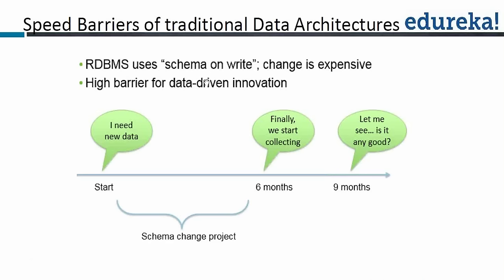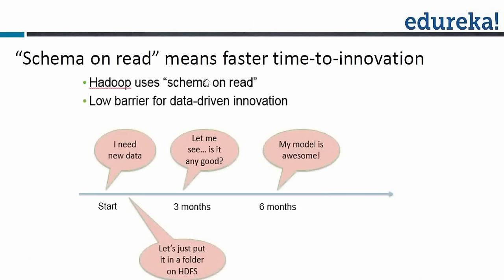Whereas if you look at Hadoop, you can just put anything there. You can just push an elephant onto Hadoop. Schema on read, low barrier. You're simply going to put it in HDFS. You can write any kind of data, any kind of unstructured data also. It's schema on read. There's schema on write for RDBMS.